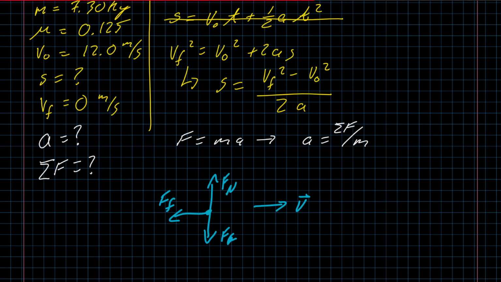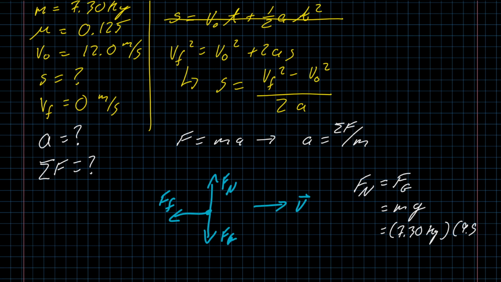Our box is not falling through the ice. It is also not floating up into the air. The only way that that can work is if the normal force is equal to the force of gravity. Force of gravity, of course, is always mass times gravitational acceleration. Our mass is given to us.